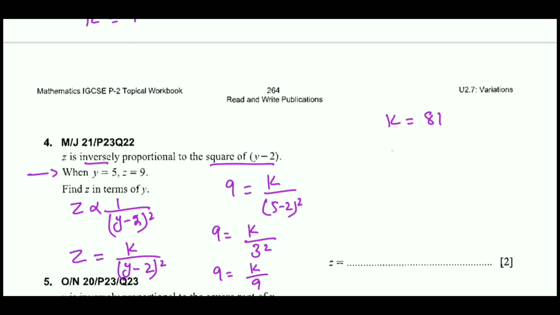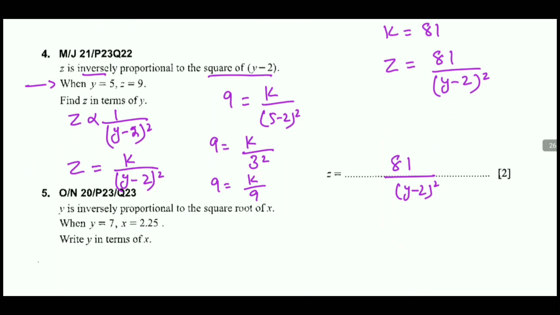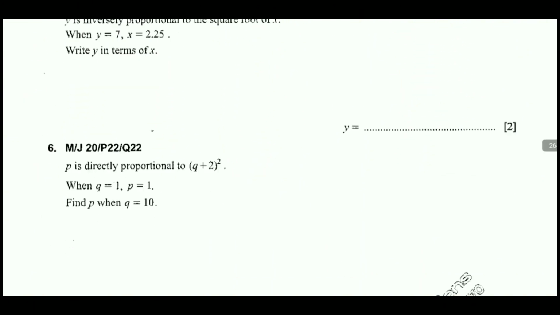In the main equation, z is equal to k over (y minus 2) whole square. z will remain as it is, k is 81, and y minus 2 will remain as it is. So this is our final answer, 81 over (y minus 2) whole square. Because the question was asking to find z in terms of y, we just have to put the value of k in the main equation and we will get our main equation.